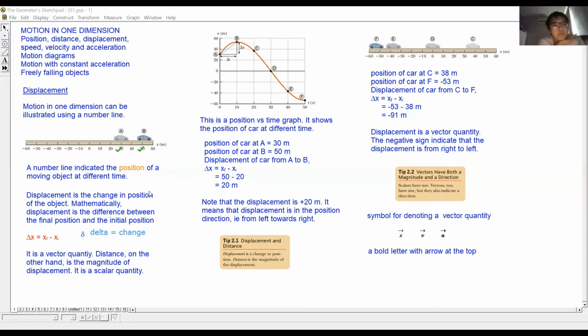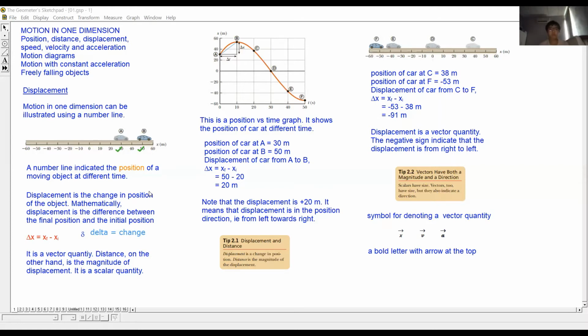Positive 20 means the final position is to the right of the initial position. If it is negative, then the final position is to the left of the initial position. So this time, the positive and negative sign does count.